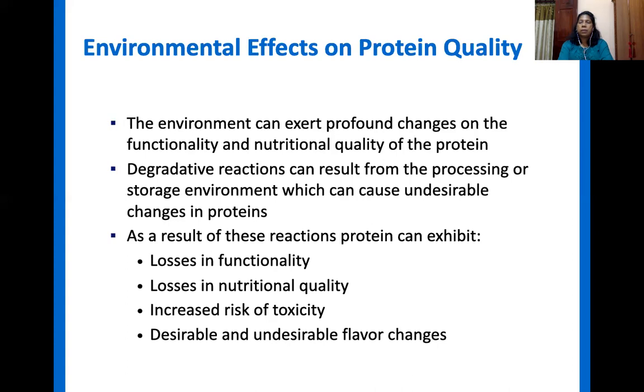Denaturing fibers during shear forces is not changing the nutritional quality. Shear forces break the protein fibers, but the proteins are still there. It does not affect amino acid changes.